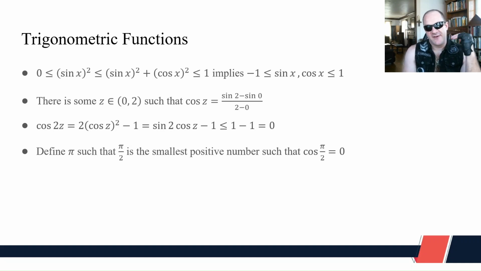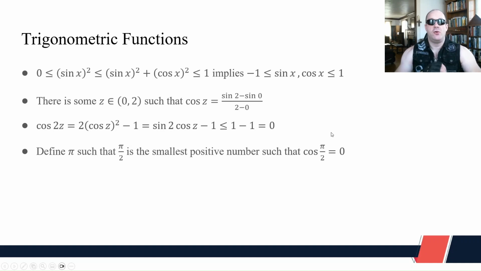So there has to be a first time that the cosine function is 0 on the positive reals, and we're just saying, look, we don't know what that is, but whatever it is, we're going to define pi to be twice that first time. And so pi is defined such that pi over 2 is the smallest number such that cosine of pi over 2 is equal to 0.